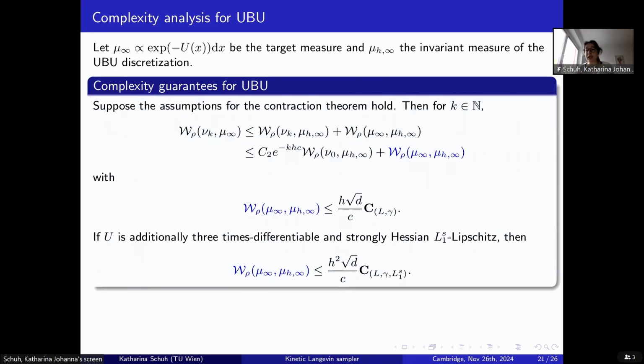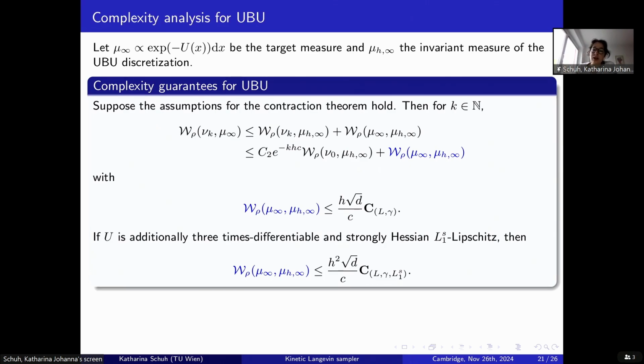The same we can do now also with the BU and the UBU scheme. Here I only wrote it down for the UBU scheme. Similarly, we can bound the distance between the measure mu k, so after k steps, and the true target measure by doing this triangle inequality, and then for both sides using the contraction result and also a strong accuracy result.